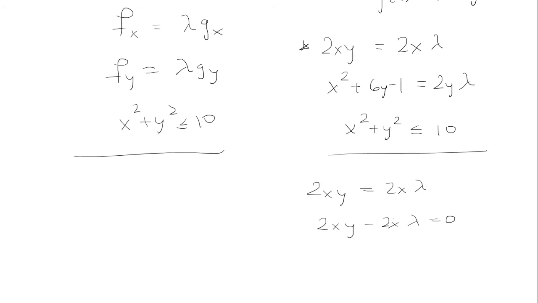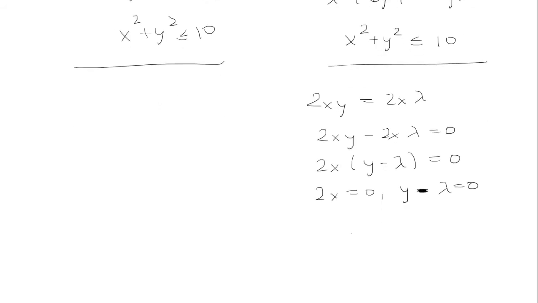Also, when you divide by 2x, you lose one of the factors, so it's not a good idea to do that. Now we can factor out a 2x. We'll have y minus lambda in the parentheses. So we'll have 2x equal to 0 and y minus lambda equal to 0. So you set each factor equal to 0. So x is 0 and y is lambda.